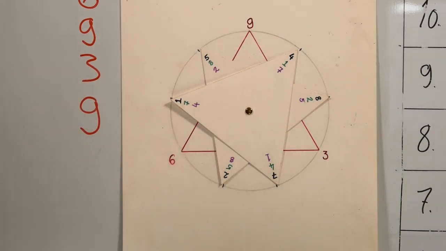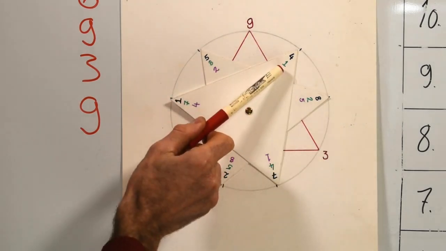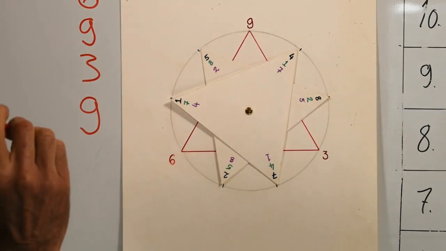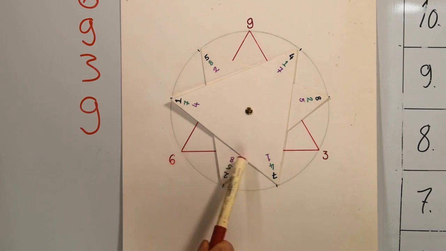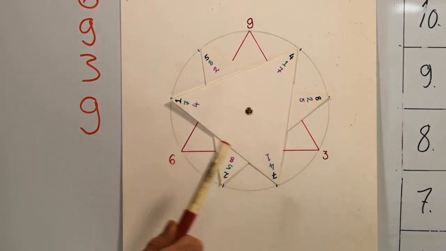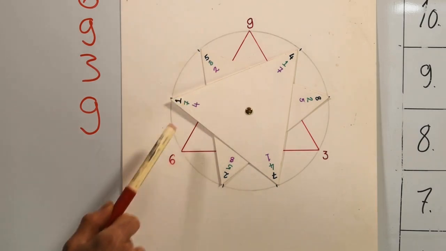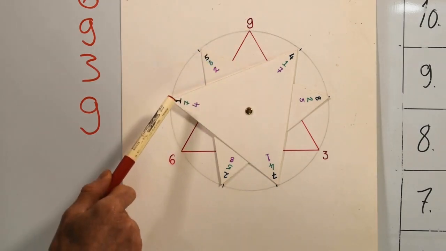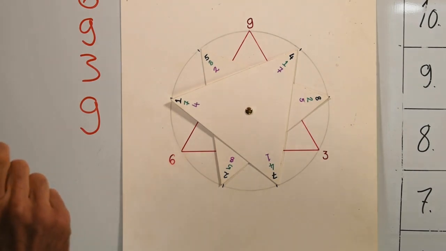But there's something interesting also just to point out here. And that is between the 9 and the 3, we get a 12 on the green numbers. Between the 3 and the 6, we get an 18 on the purple numbers there. And between the 1 and the 6 and the 9 here, we get a 1 and a 5 in black, which is 15.